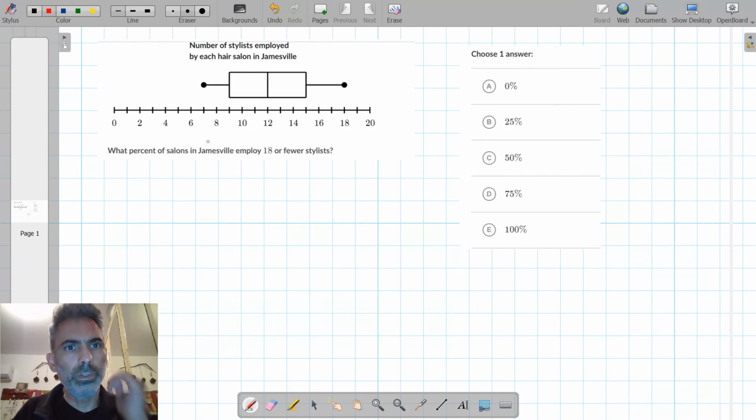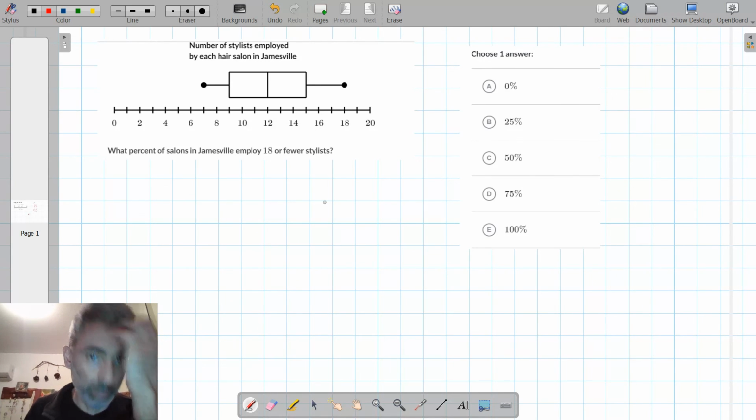Okay, the number of stylists employed by each hair salon in Jamesville. What percent of salons in Jamesville employ 18 or fewer stylists? So 18 is the maximum here.